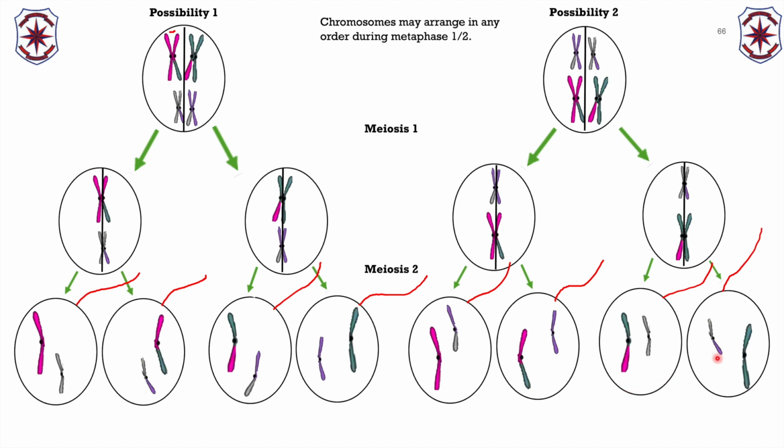Why? Because the sperm cells and the ova that made that offspring contain a different combination of genes, with a different combination of chromosomes containing a different combination of genes. So they show genetic variation.